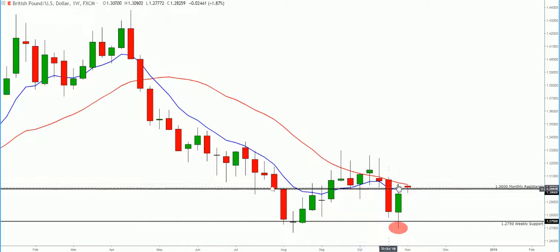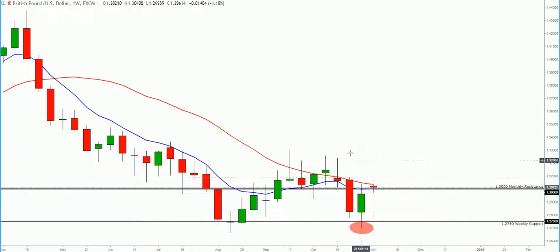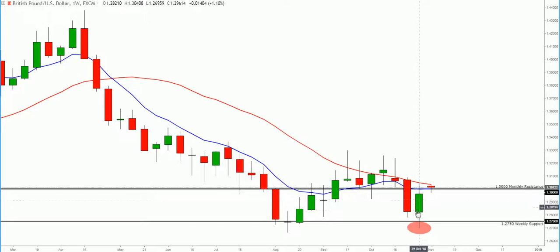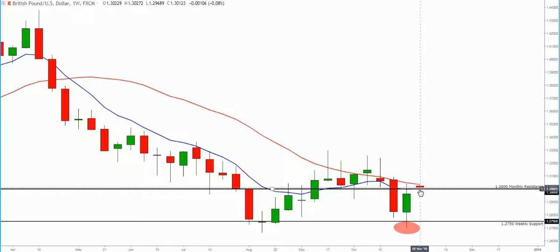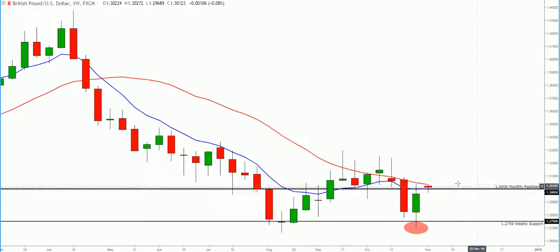We are still bullish here, and you can see over the weekend we did have a continuation of this bullish sentiment, gapping up with the open at the start of this week right into this moving average zone here, and also back above the 1.3 major resistance, which is now turned to support.